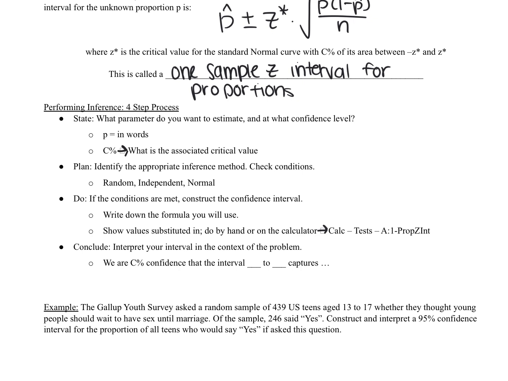So if you go to calc and then over to tests, the very first thing A should say 1-PropZInt, and that means one sample Z interval for proportions. And then you're going to write what the interval is, and then the last step is to interpret the interval in the context of the problem.